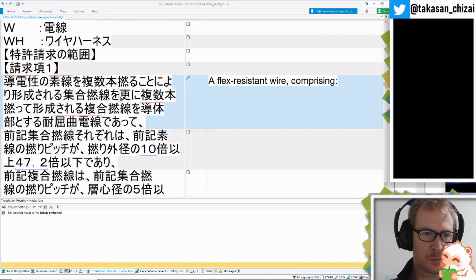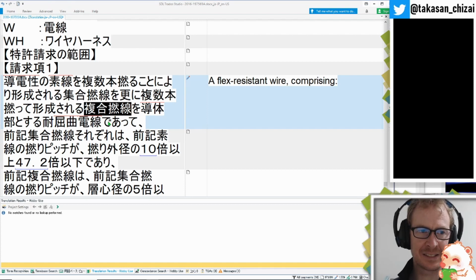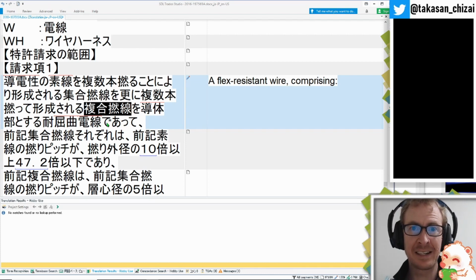Then this stranded wire, there's a polarity of them, and they're twisted together to make this even bigger stranded wire. So we've got hierarchy, we've got 3 hierarchies already. The wire, the first stranded wire, and the second stranded wire. So 3 elements, 3 levels.